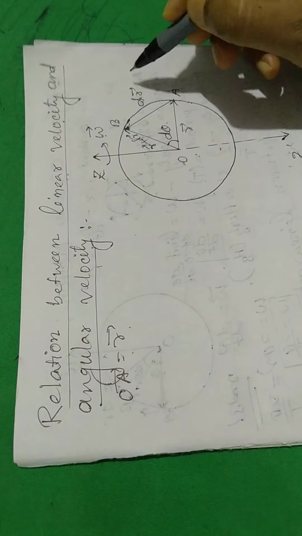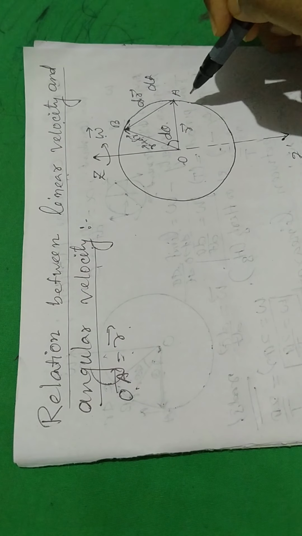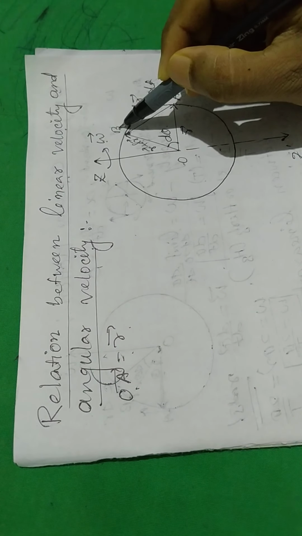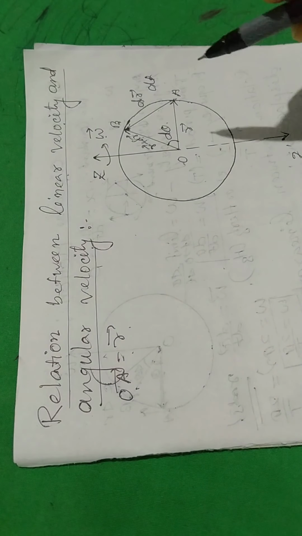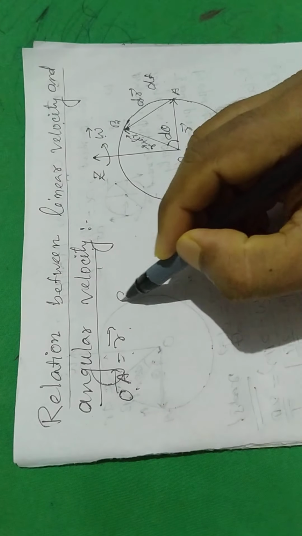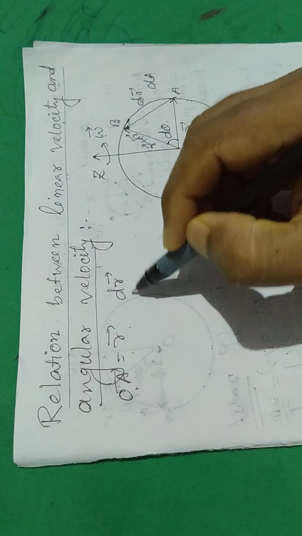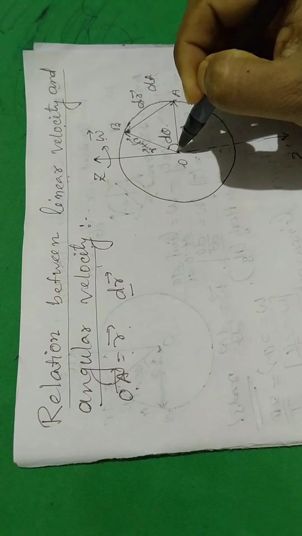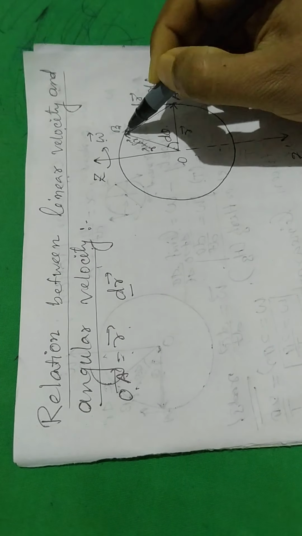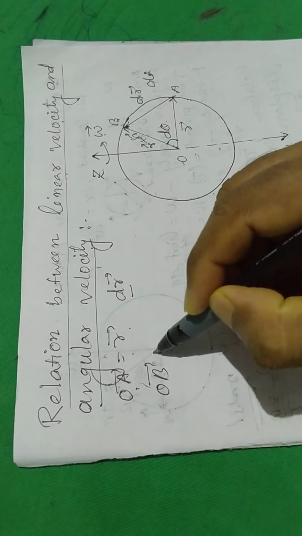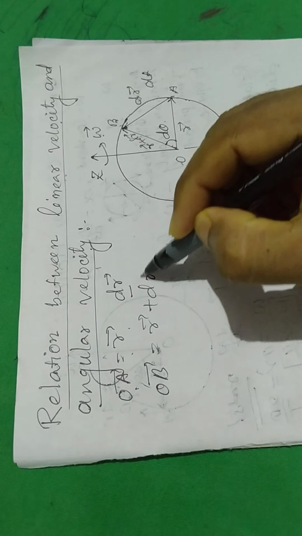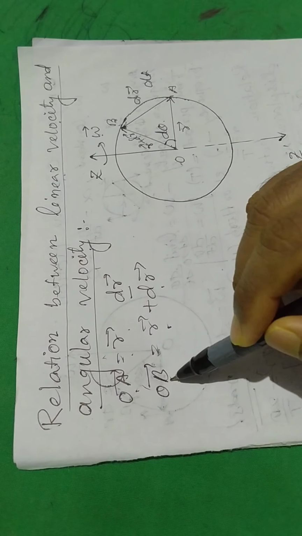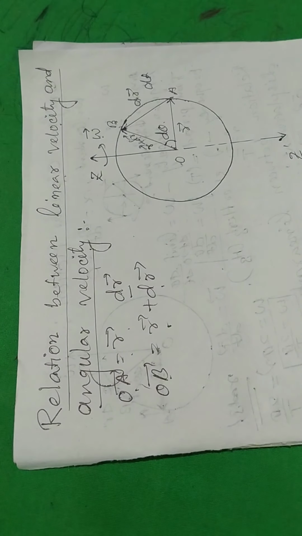Then after a small time dt, the particle reaches from point A to point B through a small linear displacement dr. Then the new position vector at point B, OB, is equal to R plus dr.